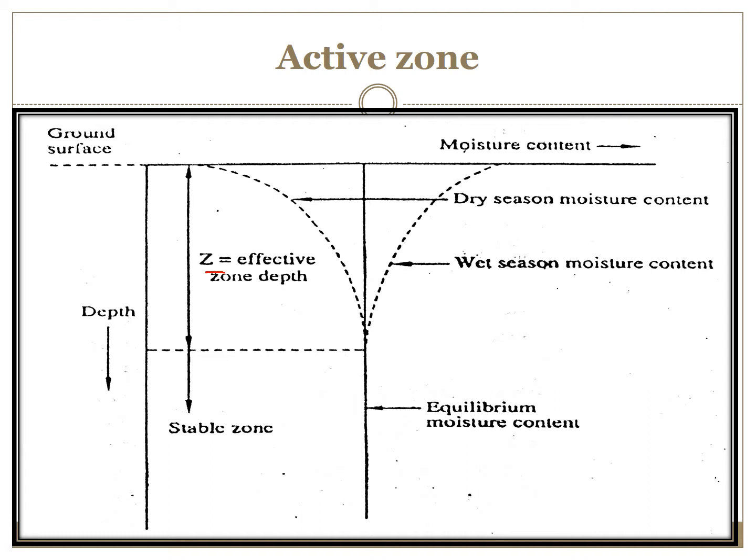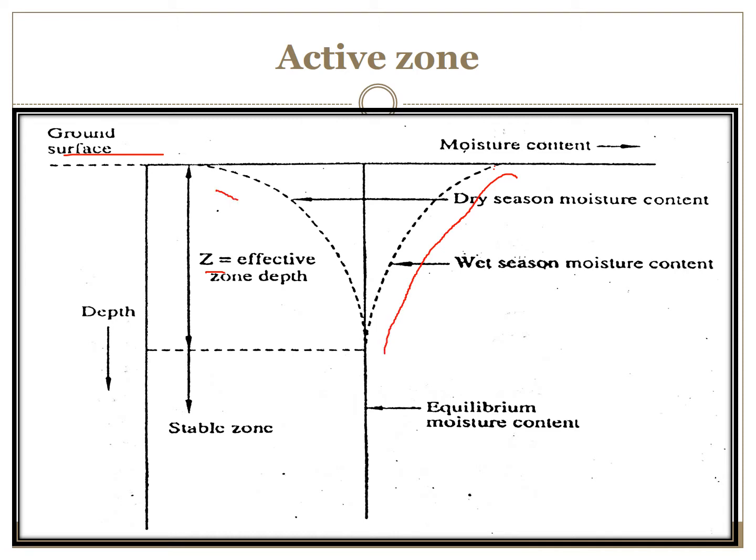In the active zone in the dry season, the water content increases with depth and becomes constant at a certain depth. In the wet season, the water content is maximum at the ground surface, and it decreases with depth up to the depth of the active zone.